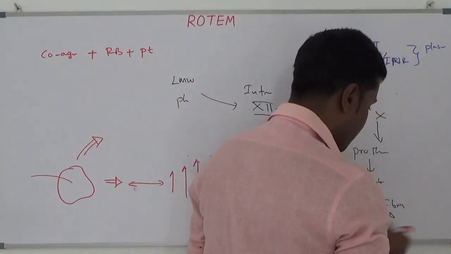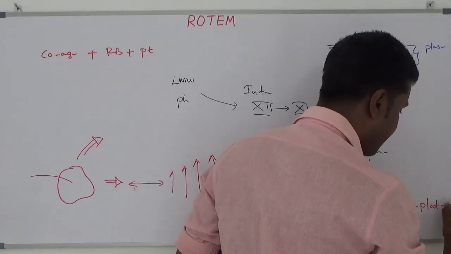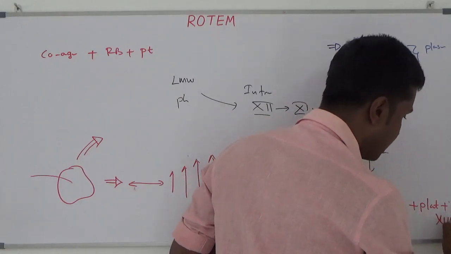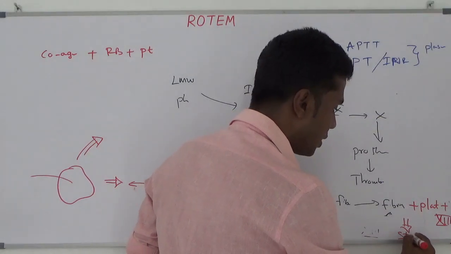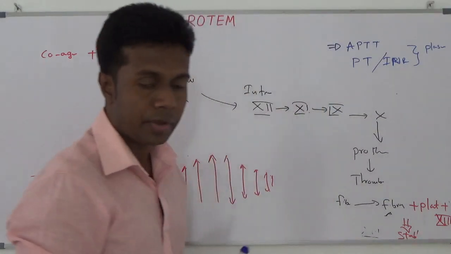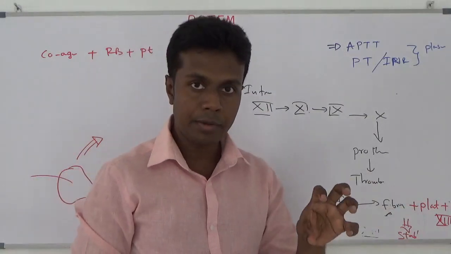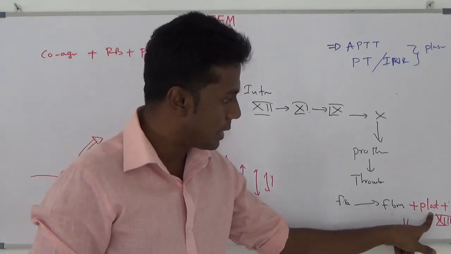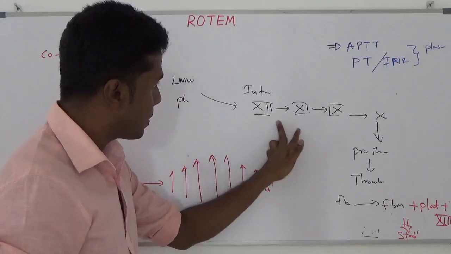Fibrin plus platelet plus factor 13 are involved in making the stable platelet plug. In order to prevent bleeding, you need to develop a stable clot that includes fibrin, platelets and factor 13. This is the intrinsic pathway.